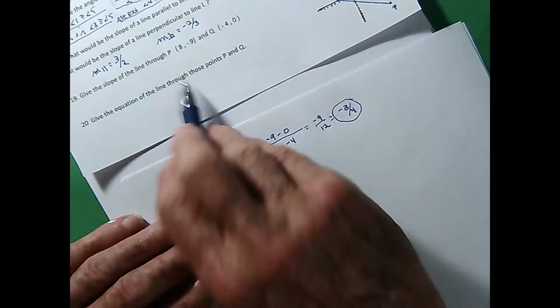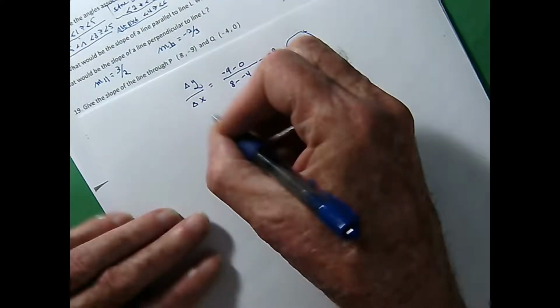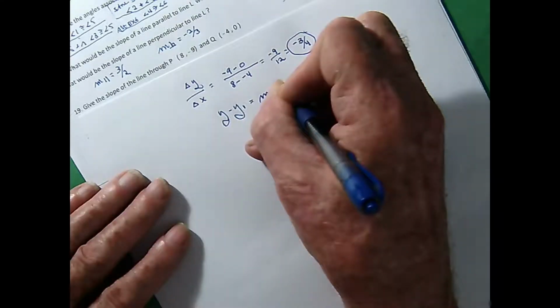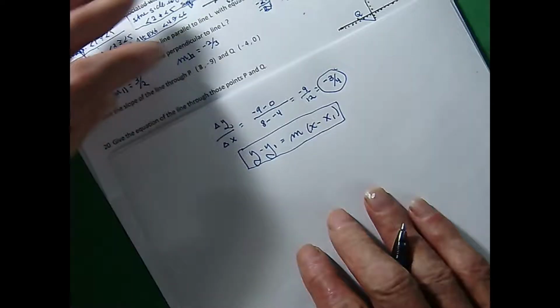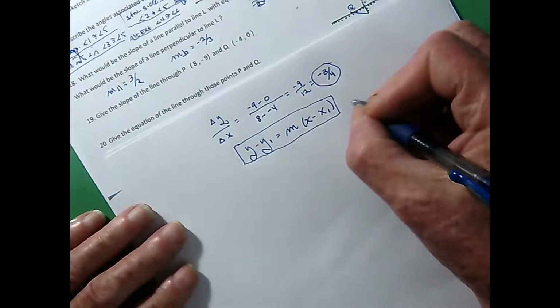Now I want to get the equation of that line. Anytime I'm looking for the equation of a line, I'm going to use the formula y minus y sub 1 equals m times x minus x sub 1. That is the tool that we'll be using this year to get the equation of a line. And I can take either one of those 2 points. I'm going to take the 8 comma negative 9.